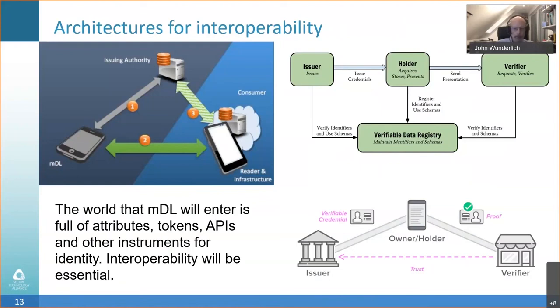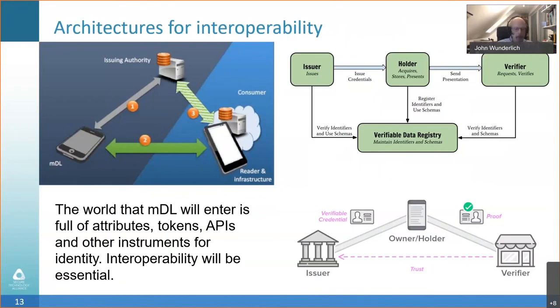On the bottom right, you'll see the owner, holder, verifier, and issuer, which is from the notion of self-sovereign identity. And what this tells us is that there's a convergence in a high-level architecture, and that interoperability is going to be key.